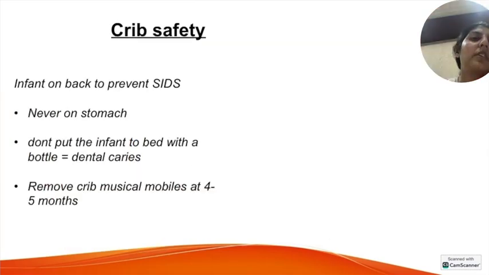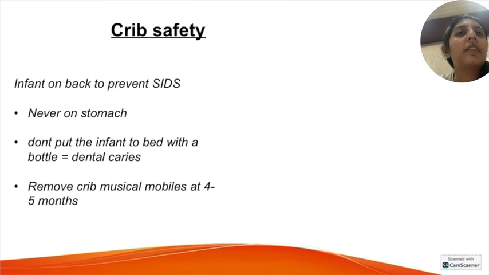Next is crib safety. Always place the infant on the back to prevent SIDS, never on the stomach.